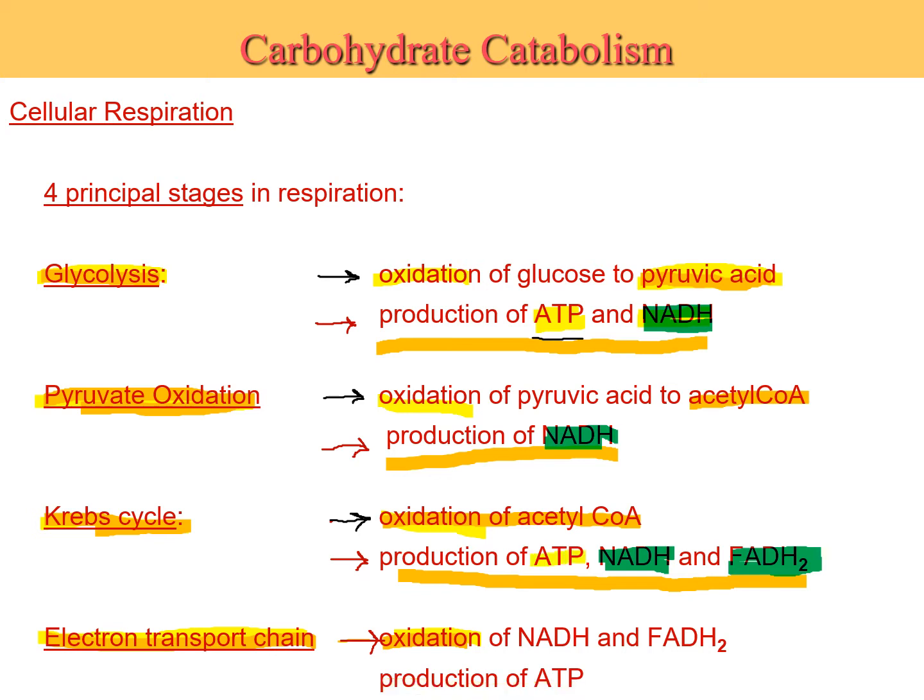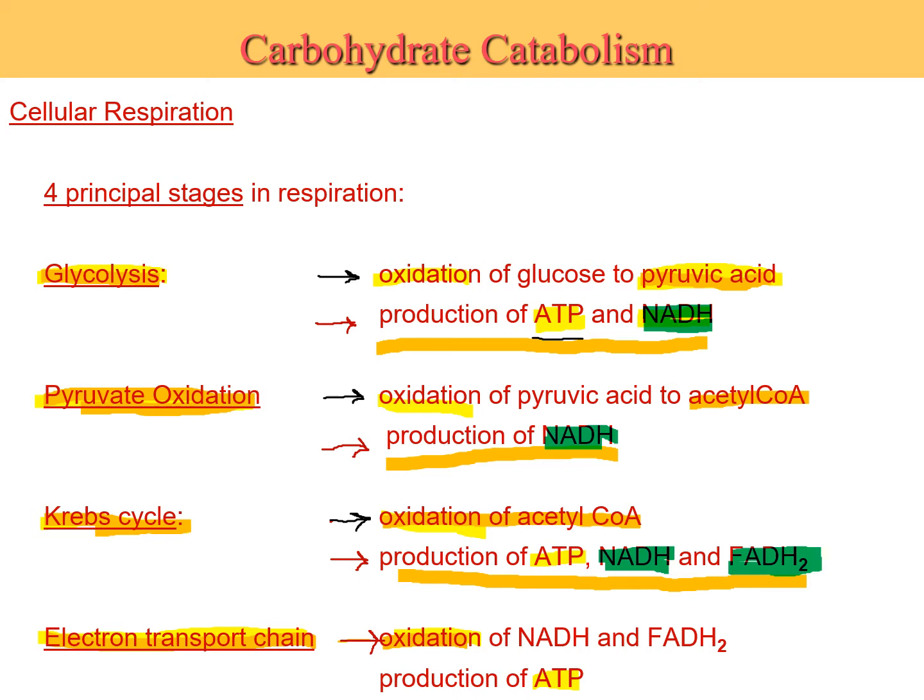So we have ATP in glycolysis, we have ATP produced in Krebs cycle, and we have a lot of ATP produced during the electron transport chain. Okay? 4 principal stages for cellular respiration: glycolysis, pyruvate oxidation, Krebs cycle, electron transport chain.